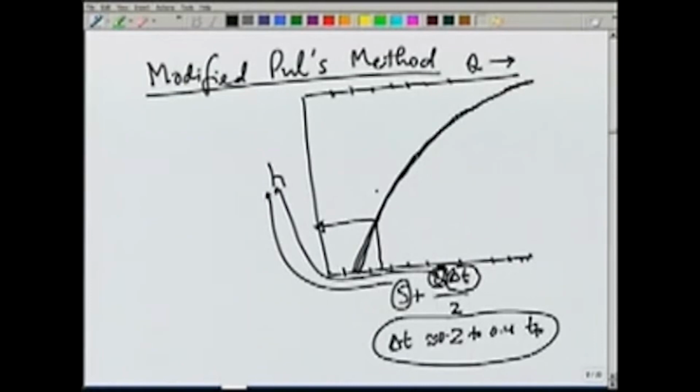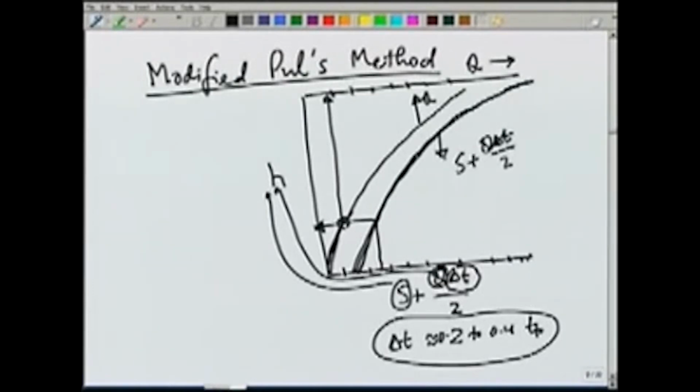Now, on the same figure we have this plot of Q on this axis. So, this is Q and this is S plus Q delta t by 2. On the same graph we have this plot of Q, and therefore for this H we will know the value of Q.